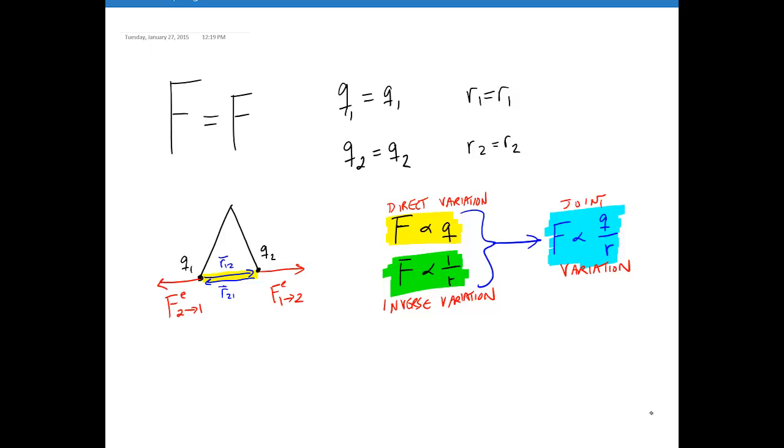And this joint variation tells us that force is dependent, and charge and distance are independent, which is an important distinction for what we need to do.